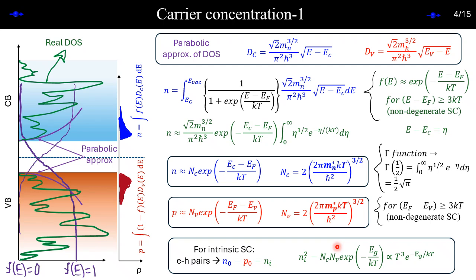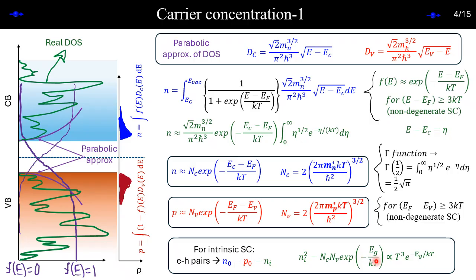What about the temperature? If I increase the temperature, will the intrinsic carrier concentration increase or decrease? It will increase because of this T cube dependence. How do you physically understand this? The intrinsic carrier concentration is essentially the number of carriers that are able to be excited from the valence band to the conduction band. If the gap is small, there will be more carriers.